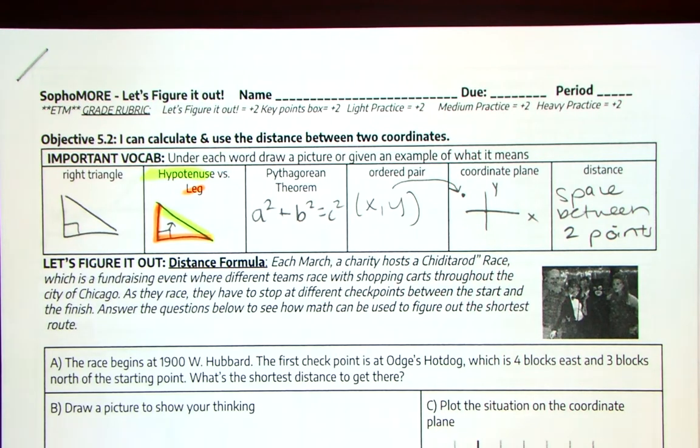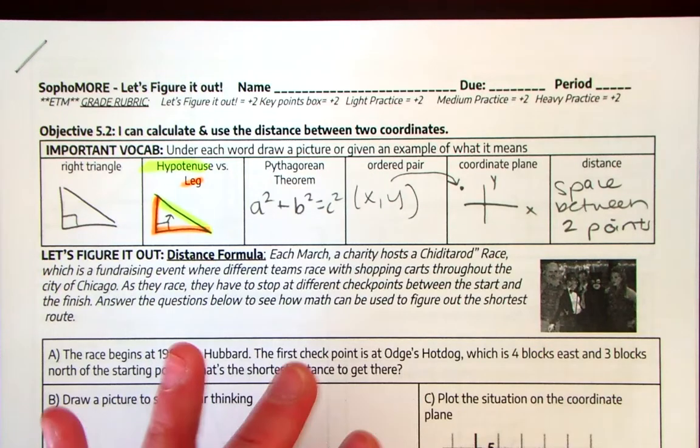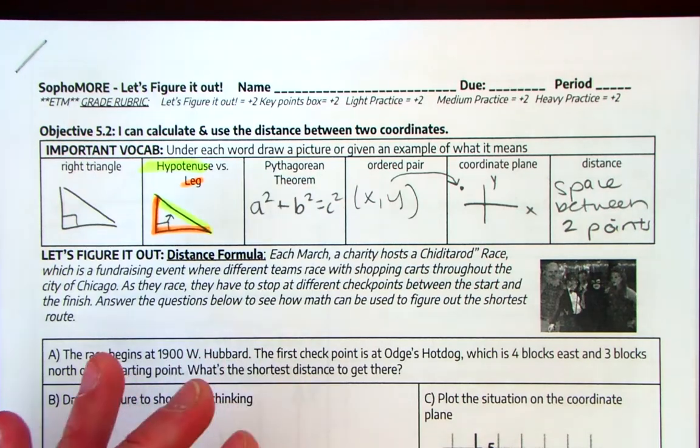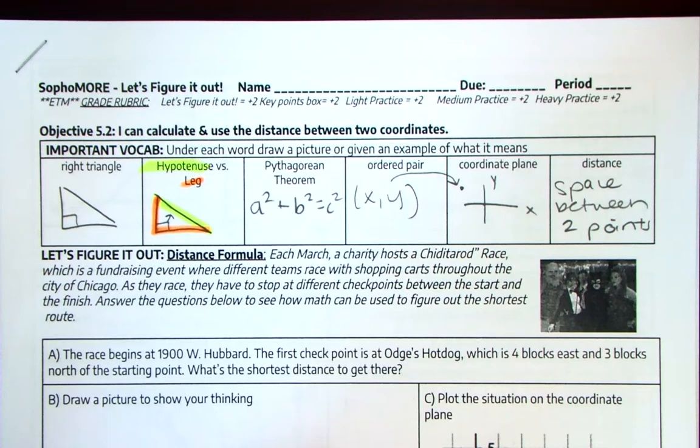Okay, flip to page 2 when you've got this down. Okay, and so in class we just talked about how it can be useful to find the distance between 2 points, especially if you're trying to find the shortest distance between 2 points.